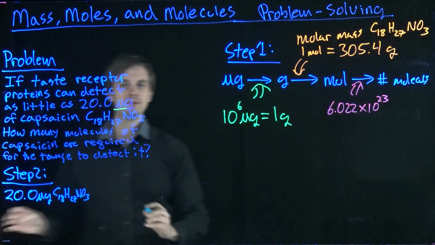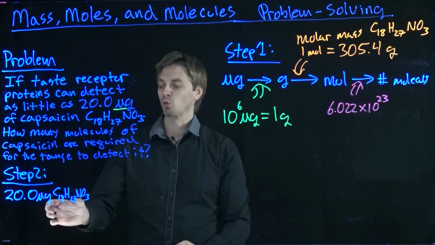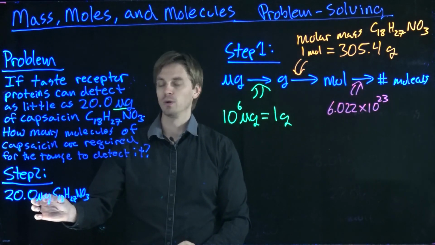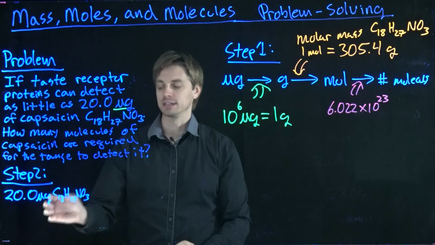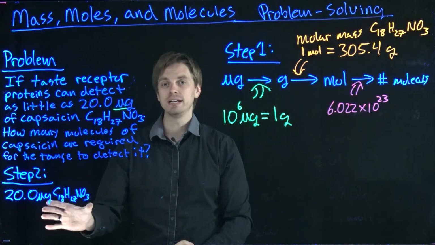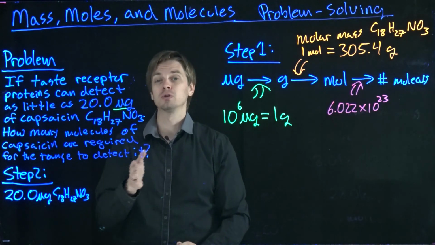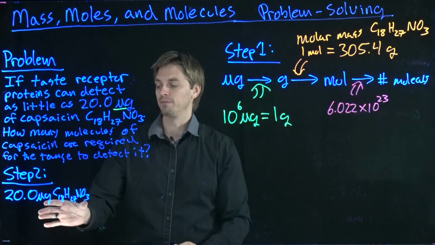I know it's a bit painful, but I want to write out the full chemical formula with every one of these units, because it helps us keep our thinking straight, expedite the problem-solving process, and find errors if they come up.